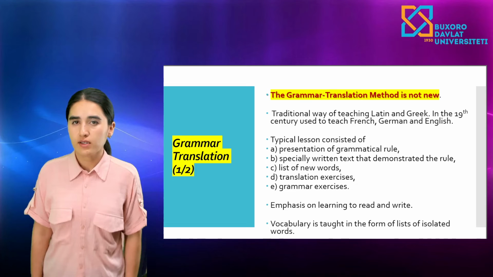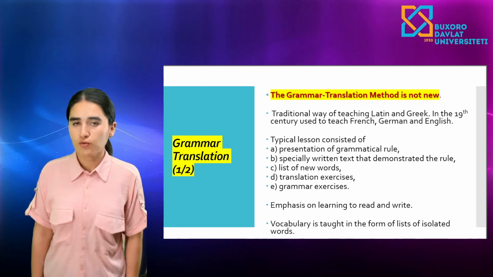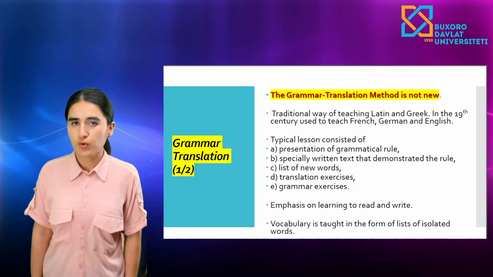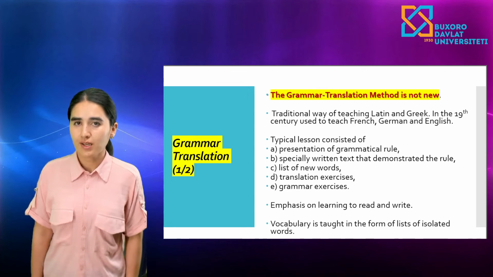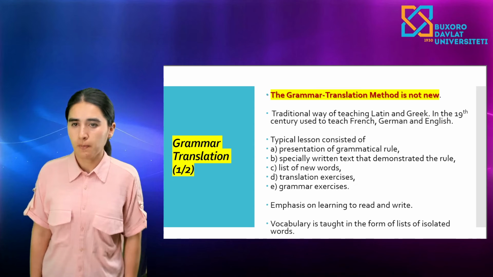The first method is the grammar translation method. You know that the grammar translation method was very effective in the last century, and most of the language classrooms were based on it. As its name says, the grammar translation method is mainly based on teaching grammar and vocabulary.